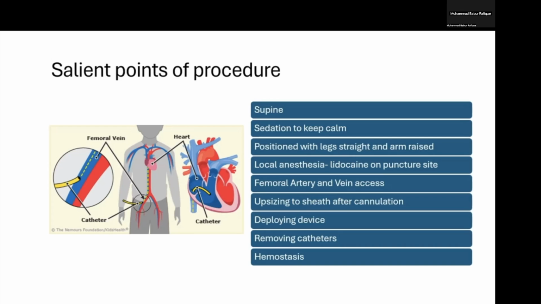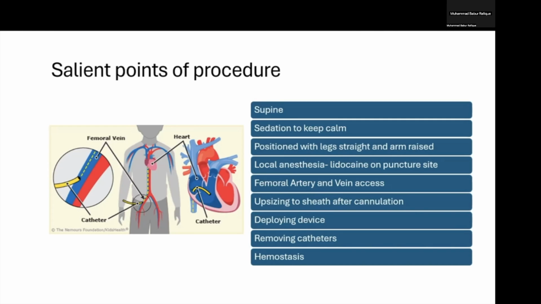Typically we use the femoral vein and artery for most of our access. After we access that vessel, we eventually upsize the sheath to allow us to deliver whatever device we need. And then after that, we remove our catheters and do hemostasis. So this is basically how most of our simple procedures go.